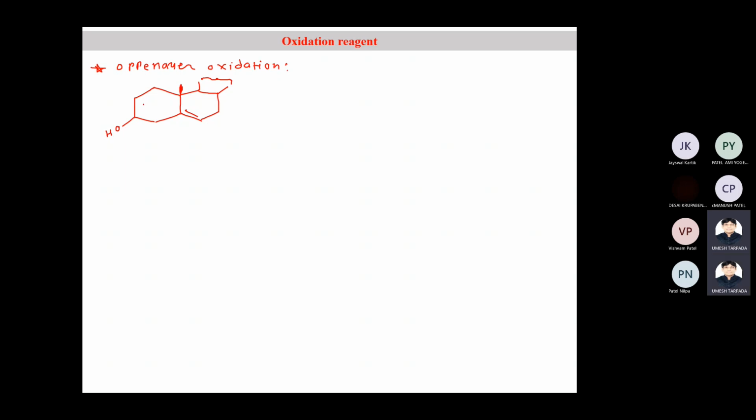Then what happens? In the Oppenauer oxidation, the reagent used is cuprous oxide, by heating in the presence of aluminum isopropoxide.